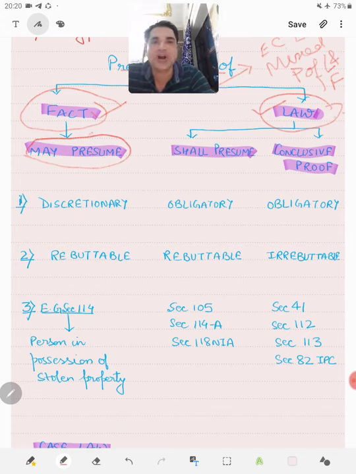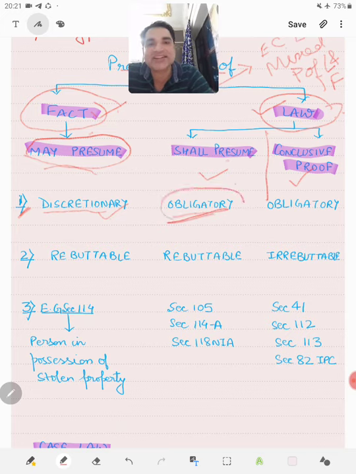While presumption of law is of two types, shall presume and conclusive proof. Now, one difference in this comparative analysis is that presumption of fact is discretionary. Wherever there is may presume a fact, it is discretionary on the court. The court may take it to be proved or may ask for proof of it. But wherever there is shall presume, the court has no discretion.